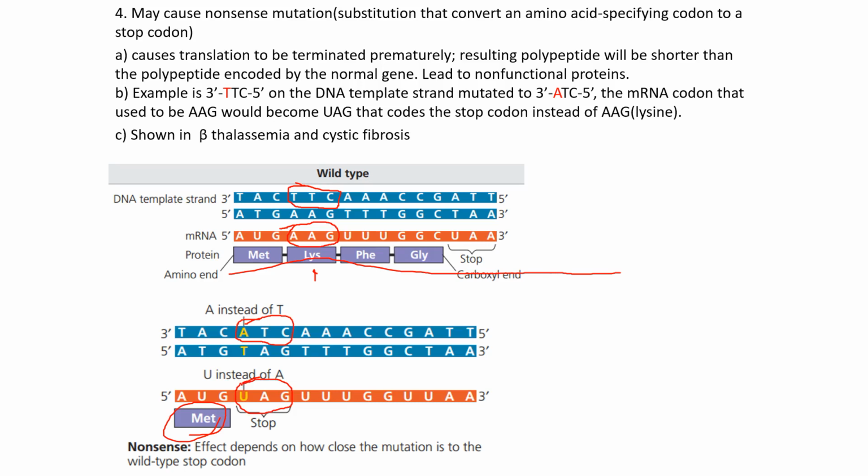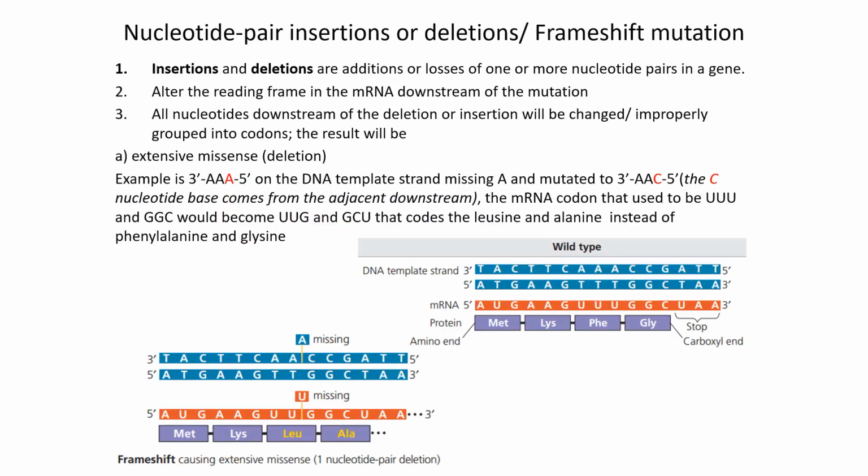And this nonsense mutation is shown in beta thalassemia and cystic fibrosis. Now that is about point mutation.